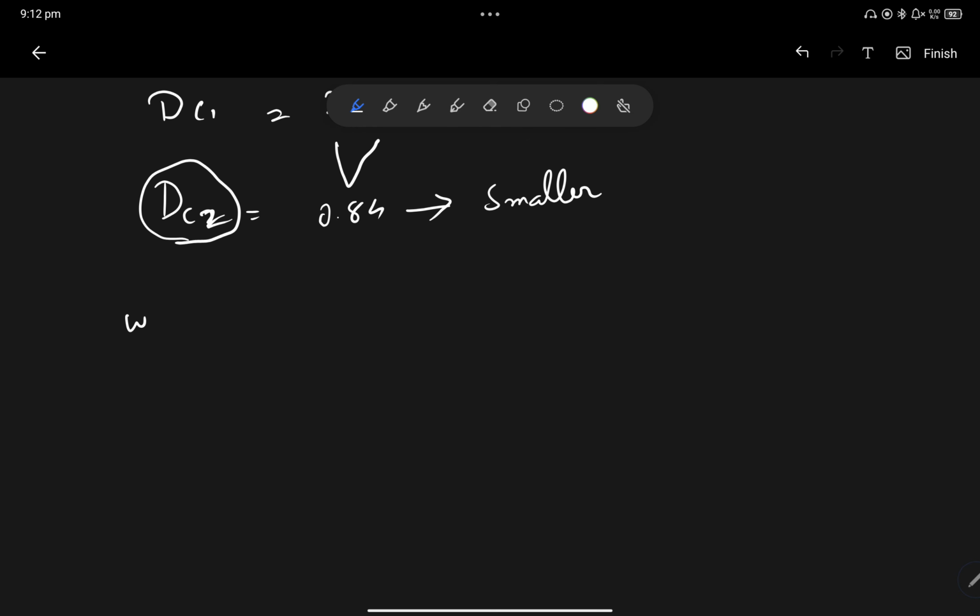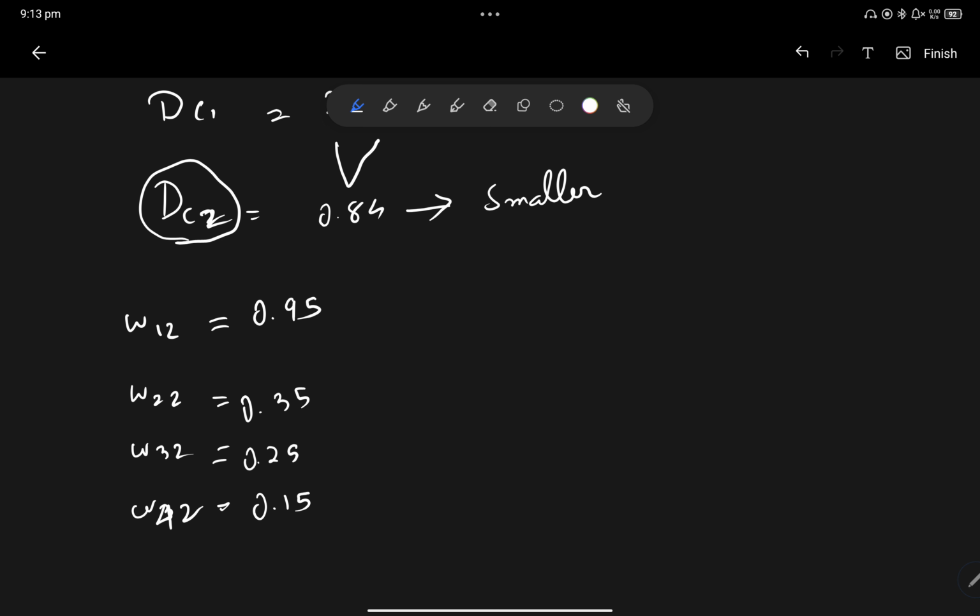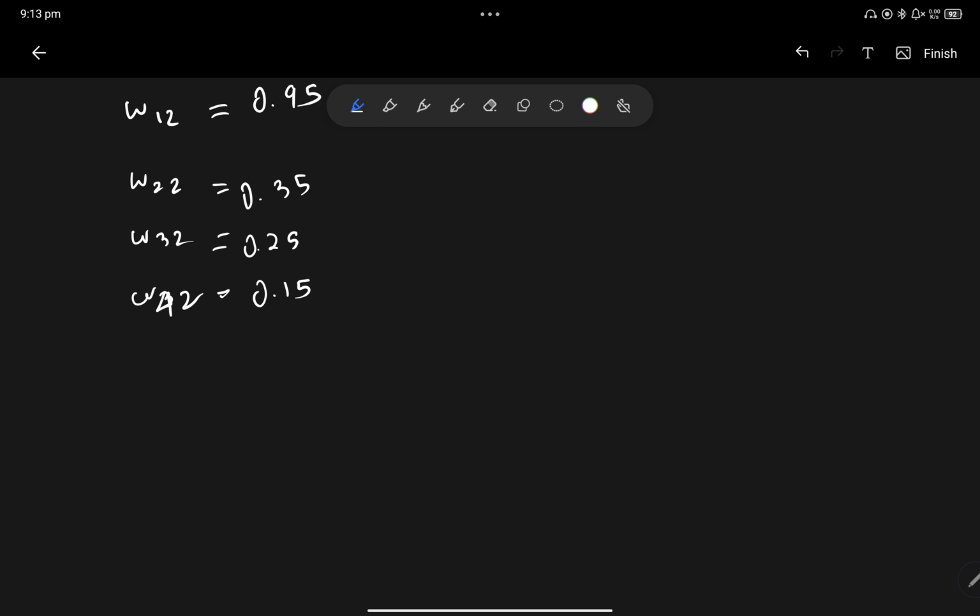Now you need to update weights for W12, W22, W32, W42. So we'll update the weights like the previous steps, and we'll get the new values as 0.95, 0.35, 0.25 and 0.15.